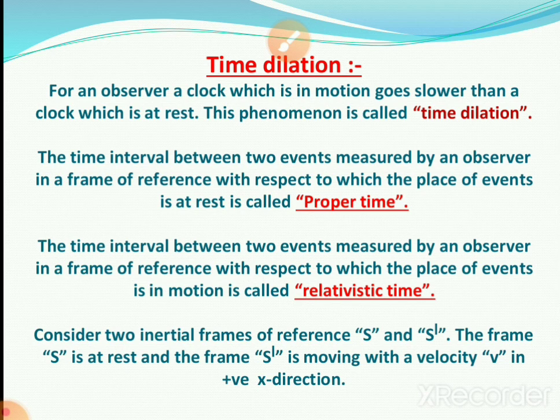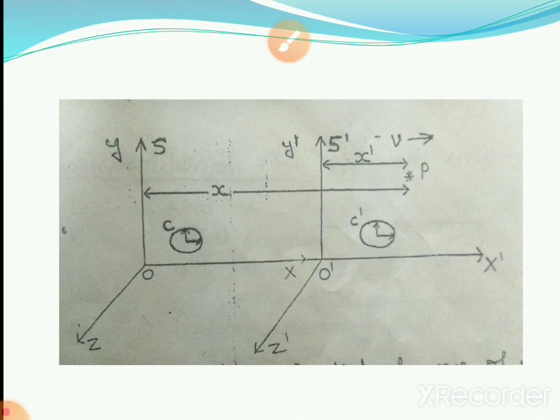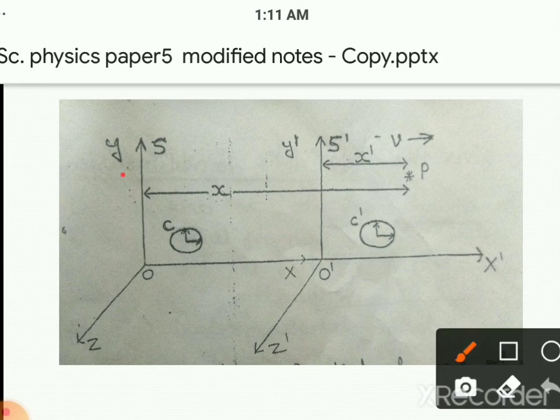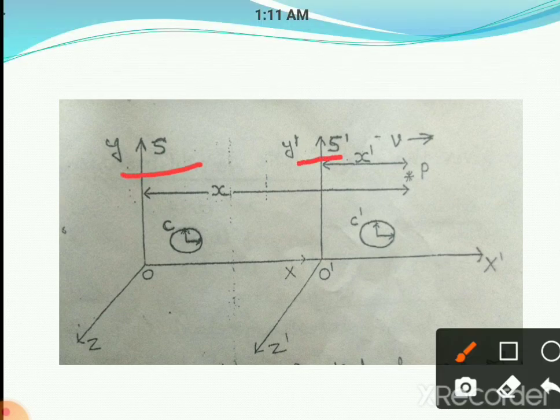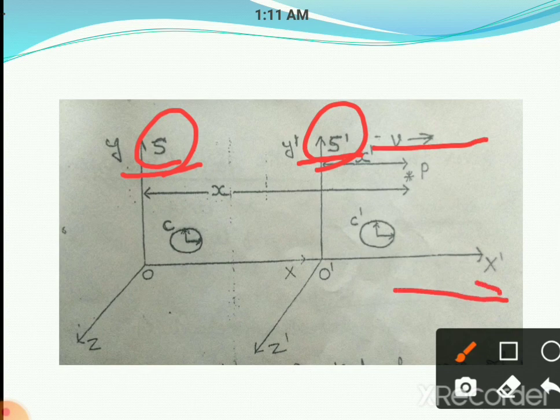So let us consider two inertial frames of reference, S and S dash. The frame S is at rest and S dash is moving with the velocity v along the positive x direction.